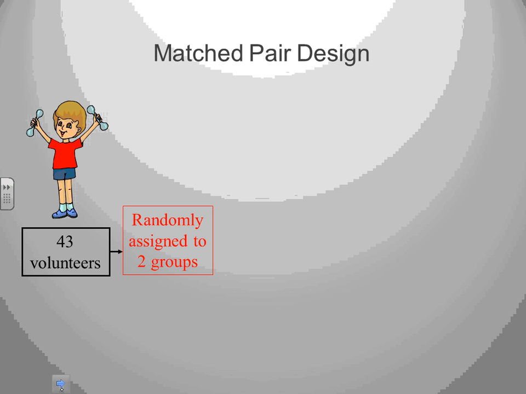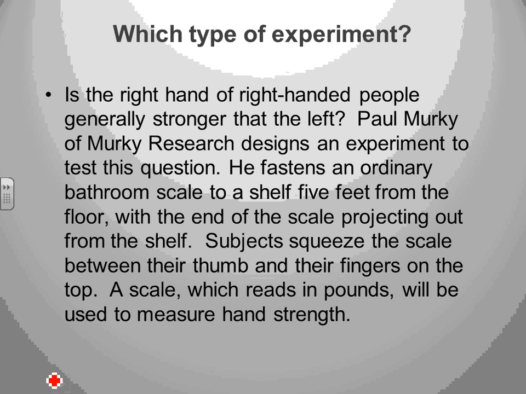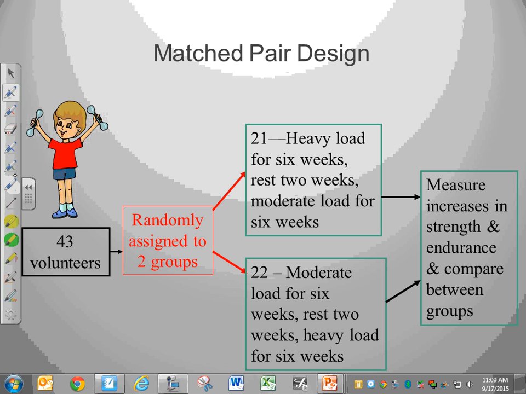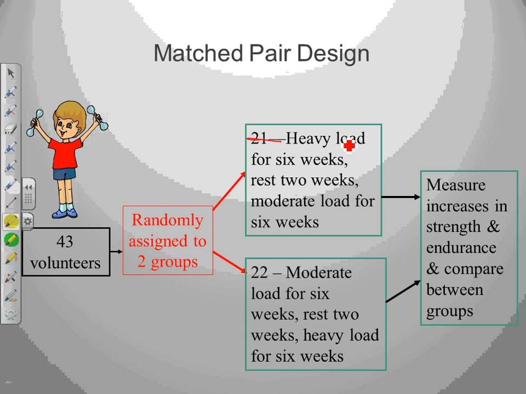They are, okay, they're going straight match pair, which is give them two treatments. They said, we're randomly assigning them to two groups. 21 of them are going to be heavy load for 6 weeks, rest in 2 weeks, and moderate load for 6 weeks. And then the other ones are going to do moderate loads and heavy load.